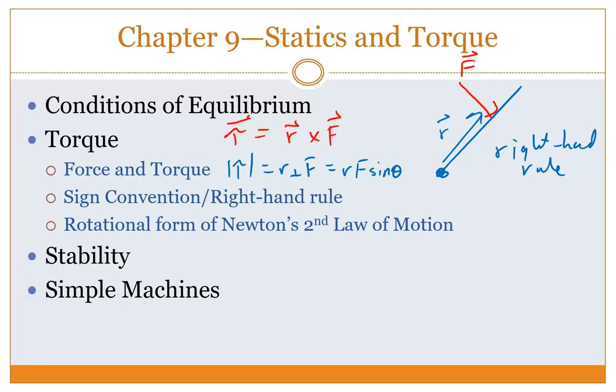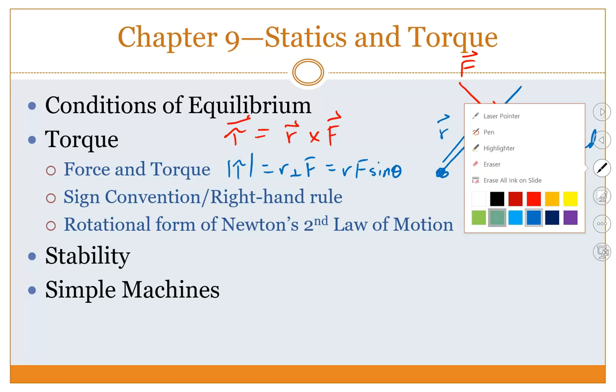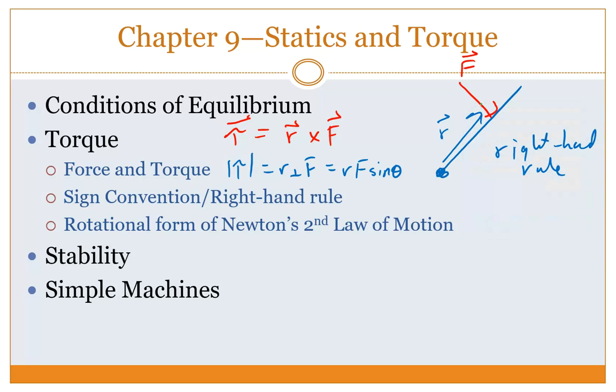So in my picture here, that theta would be, I'll put it on this side. It doesn't matter which side you put it on because sine is symmetric about 90 degrees. So I could have put it on that side or I could have put it on this side. But it has to be between R and F. So if you have an angle and it's not the angle between R and F, then either find the angle between R and F, or just go back and say, okay, what is the R perpendicular, and calculate it on your own.